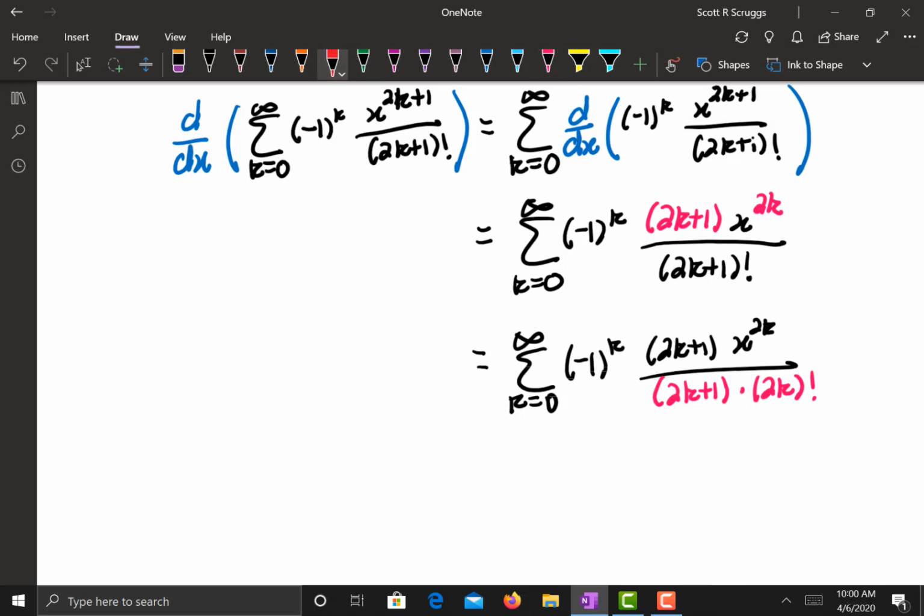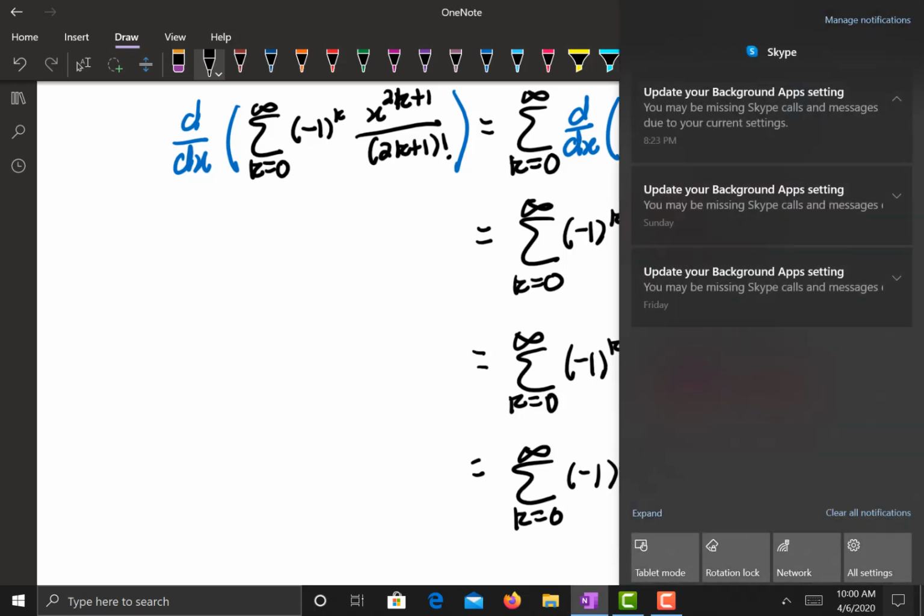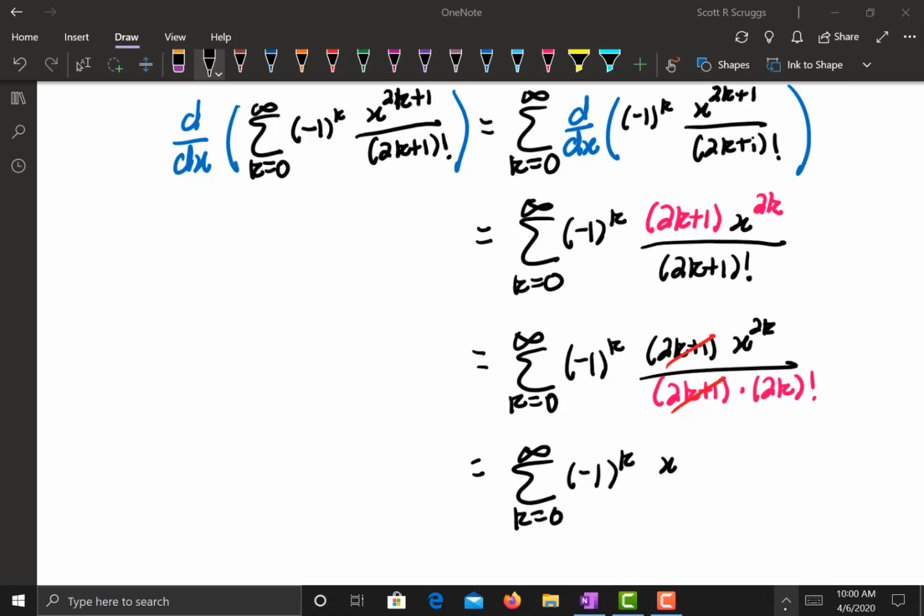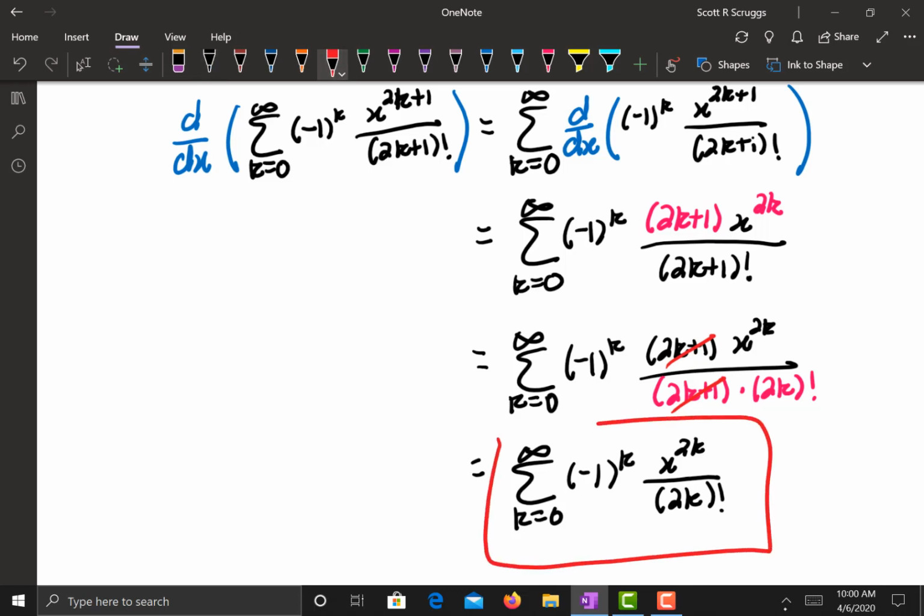And now I have a 2k plus 1 in the numerator and a 2k plus 1 in the denominator, which means they go away, which now gives me my Maclaurin series for cosine as negative 1 to the kth power x to the 2k over 2k factorial. And that, my friends, gives me the Maclaurin series for cosine using properties that we discussed before.